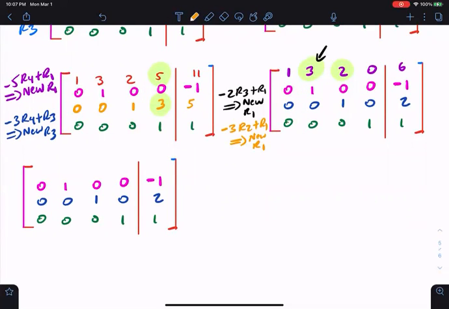Negative 3 times all the elements in row 2 plus row 1. Negative 3 times 0 is 0, plus 1 is 1. Negative 3 times 1 is negative 3, plus 3 is 0. Negative 3 times 0 is 0, plus 2. Oh, that 2 doesn't exist anymore, because I got rid of that, right? Hold on.